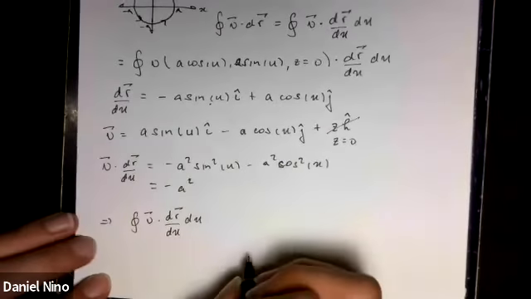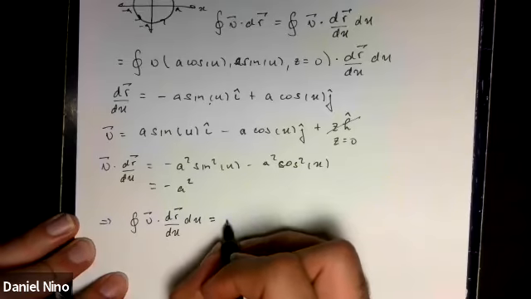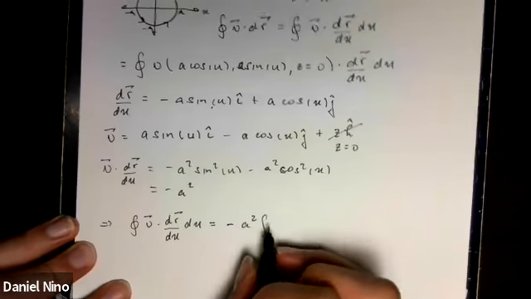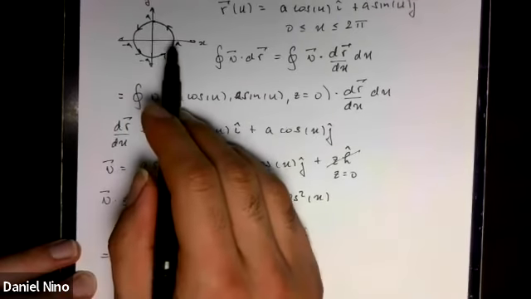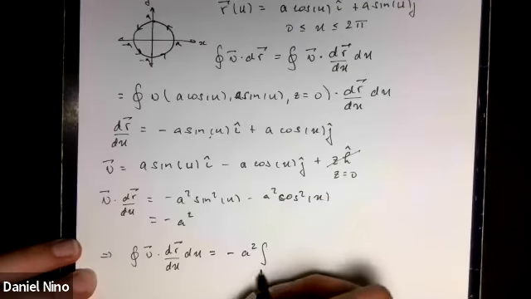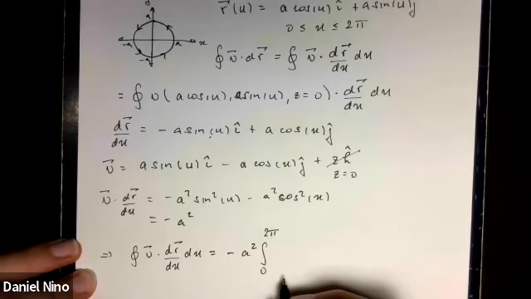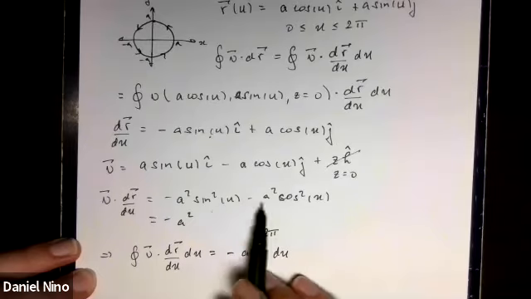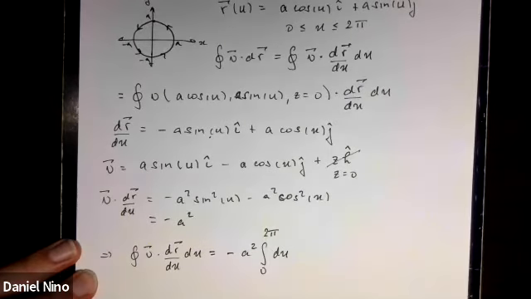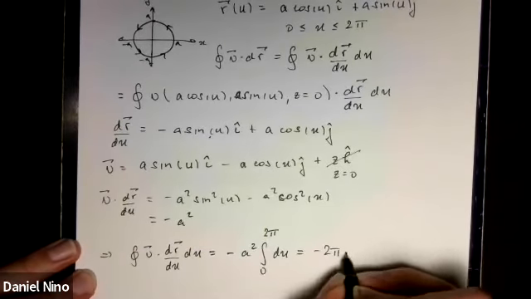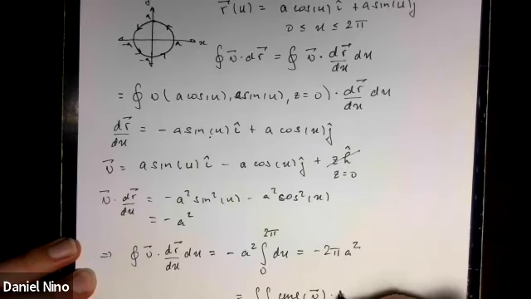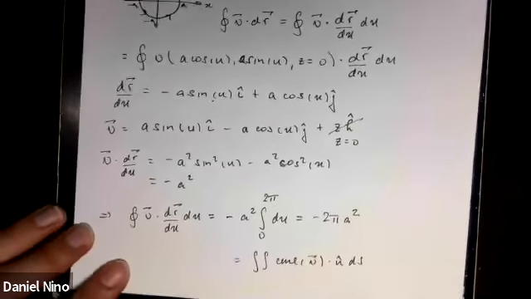So our closed loop line integral is just minus a squared, which is a constant. We're integrating from u equals 0 all the way to u equals 2 pi, and we're just left with du. This is equal to minus 2 pi a squared, which is the same thing we found from calculating the surface integral of the curl of our vector field.